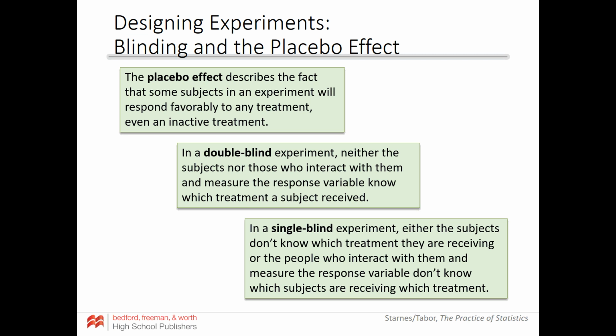I hope the surgeon knows if they're actually doing the surgery or doing a fake surgery, because they're going in there and cutting you open. Sometimes the doctor has to know what they're doing. It's not just a shot that you shoot into someone's arm, where it doesn't matter if you know or not, right?